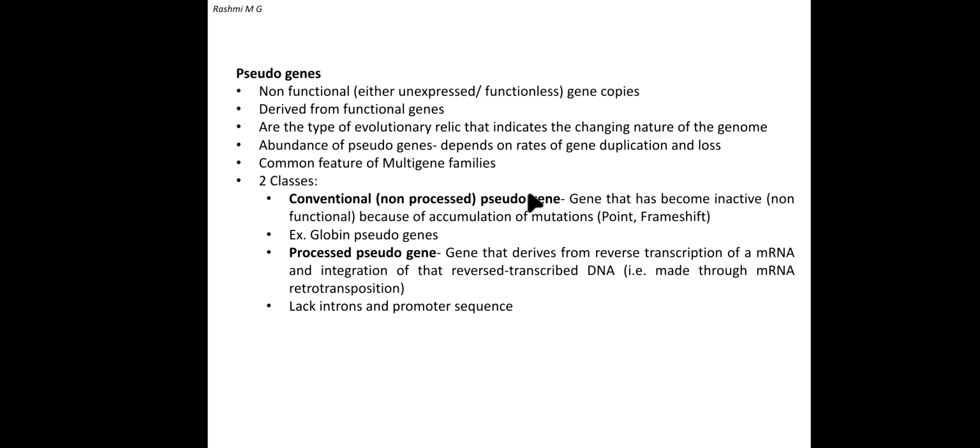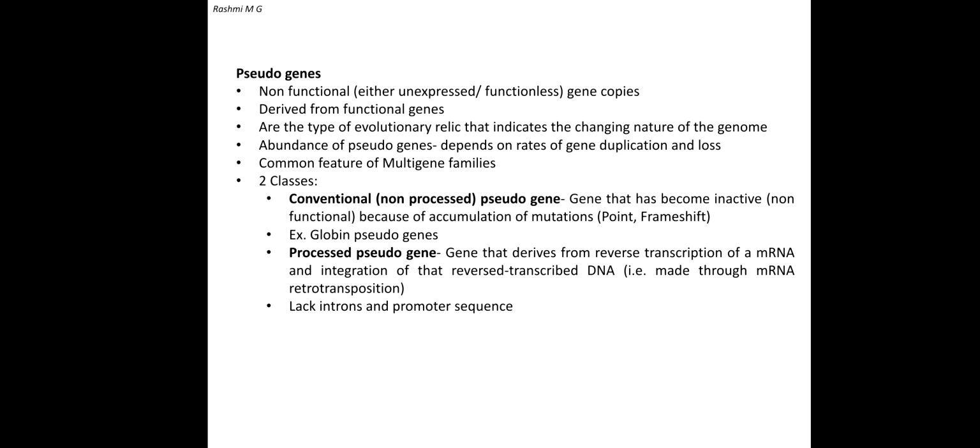Next is pseudogenes. Pseudogenes are false genes or unexpressed, non-functional gene copies. They are derived from the functional genes themselves. They are a type of evolutionary relic that indicates the changing nature of the genome. The genome has undergone different types of changes, which led some genes to become non-functional.